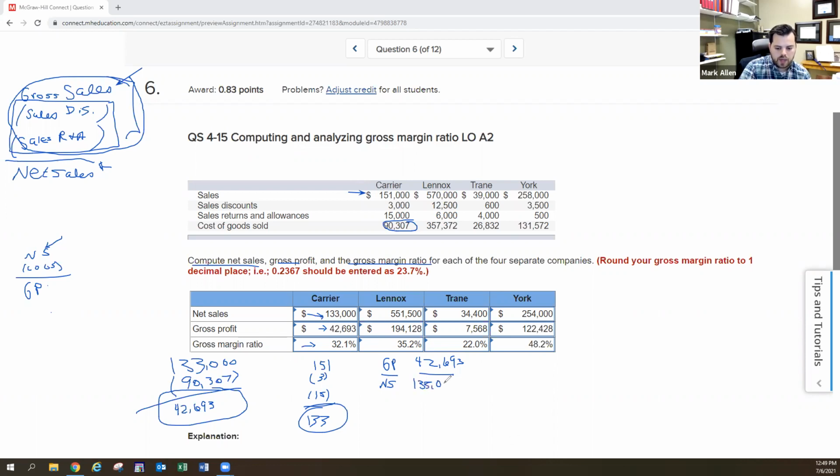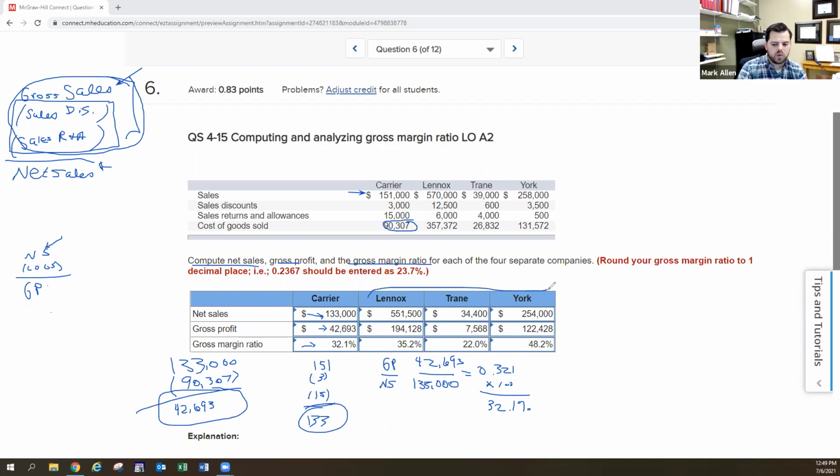So when you do that, this will come out to 0.321, which of course, when you make that a percentage by multiplying by 100, will come out to 32.1%. And so that is my gross profit percentage for Carrier.